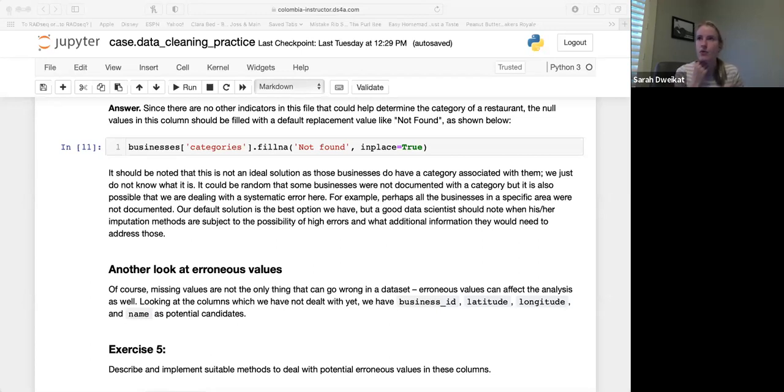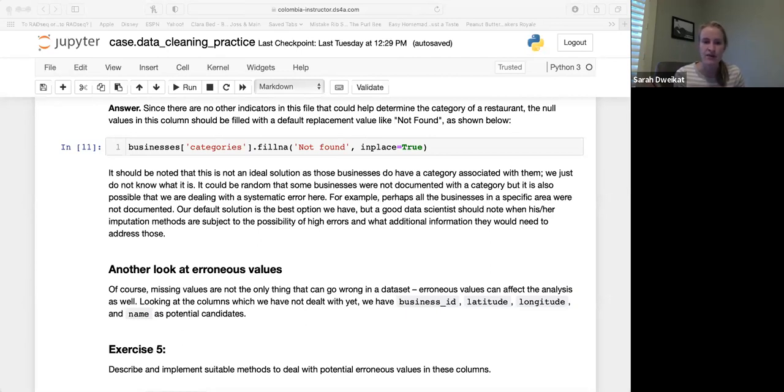Like I said before with stars, we know that the range was between 1 and 5. So if we found a 6 anywhere in our data, that would be erroneous. We know for sure that 6 is not a possible answer. That is an incorrect value. But remember, we couldn't deal with business ID necessarily because we don't know if that's erroneous. That was a jumble of letters and numbers.